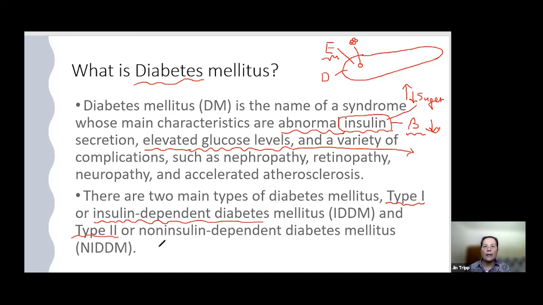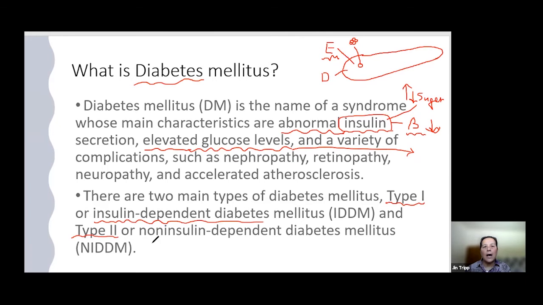Type 2 kind of diabetes. Usually the patient may come from, for example, after other illness, or maybe have some overweight. Then they got type 2 diabetes.